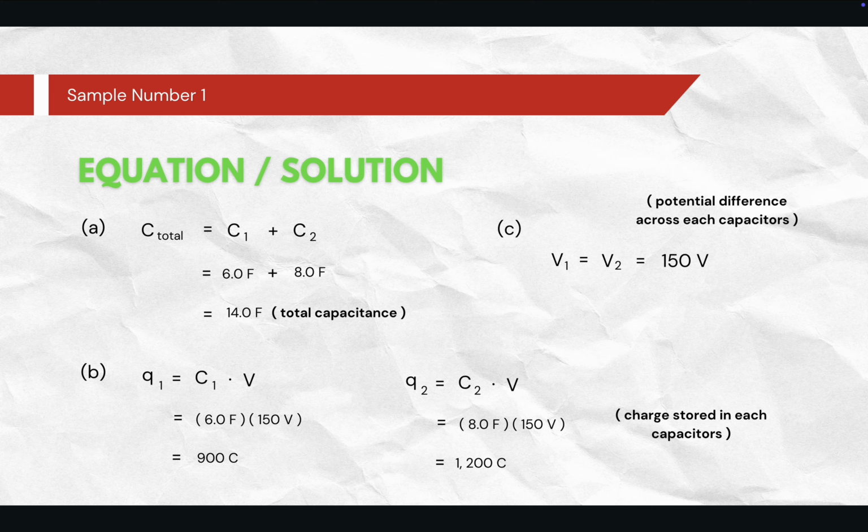So, yung capacitor number 1, yung given natin is 6.0 F. Ita-times natin sa 150 volts, magiging 900 C. Tapos, yung pangalawang capacitor naman, ita-times natin sa given na volt, which is yung 150, magiging 1,200 C. So, yung potential difference across each capacitor sa parallel naman is ganito lang, kasimple. V sub 1 is equal to V sub 2 is equal to yung given natin na volt, which is yung 150. Ganyan lang.